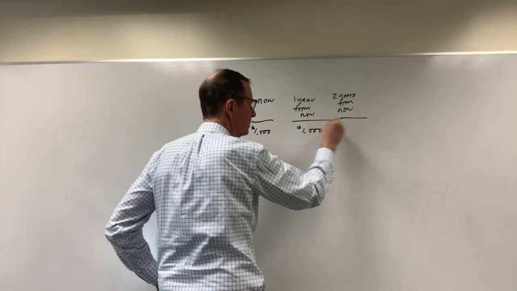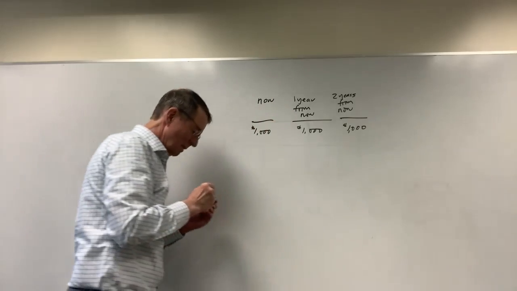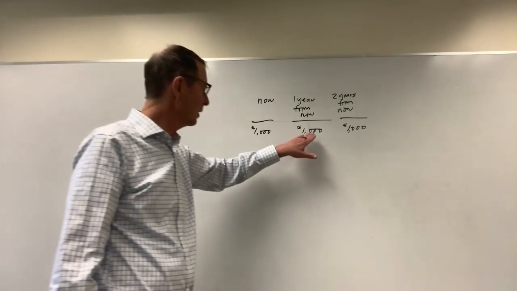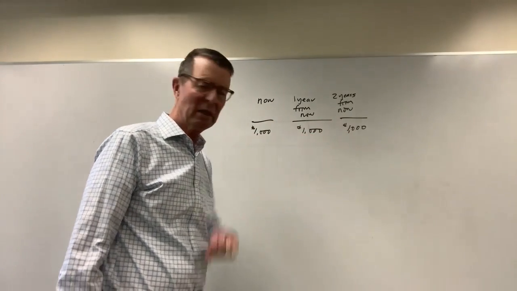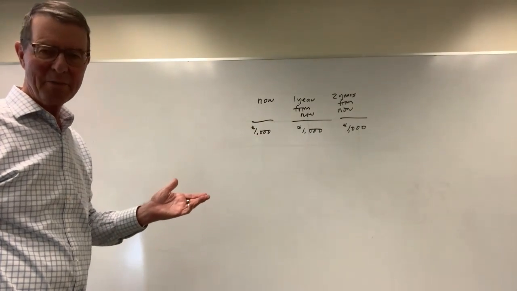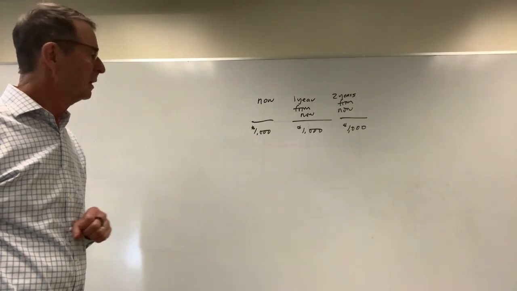All right, so you can either have $1,000 now, you can have $1,000 a year from now, or you can have $1,000 2 years from now. Most people, when given that choice, will say now, I want it now.